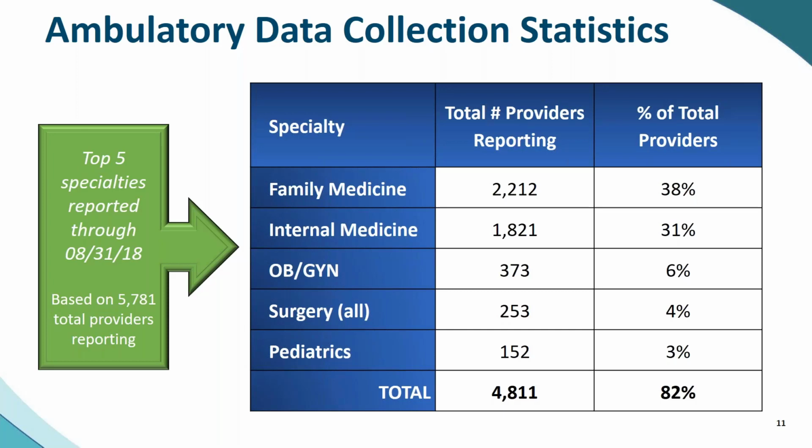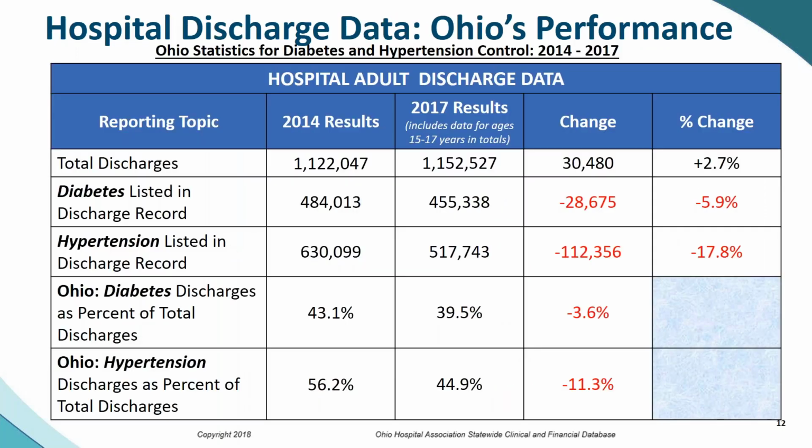This slide shows that the top 5 specialties we reported to reflect 82% of all the providers that we gathered data from: family med, internal med, OBGYN, all the different specialties of surgery, and pediatrics. I think that gives you a good idea of the data we're pulling and where those specialties came from. So with that, back to you, Kath.